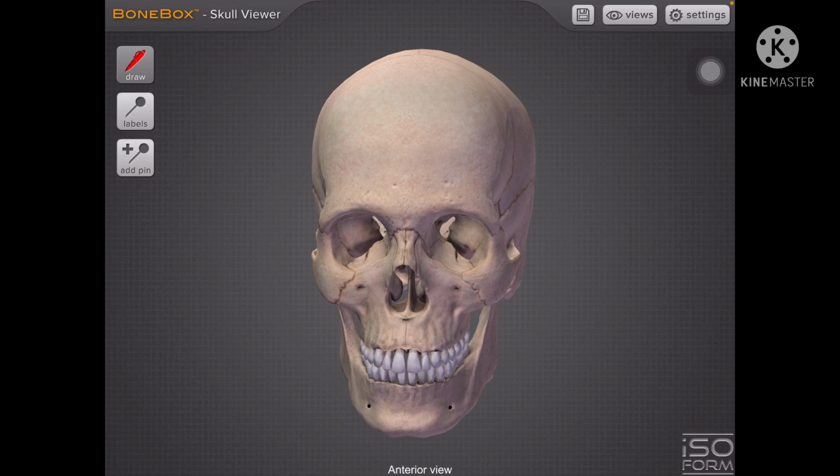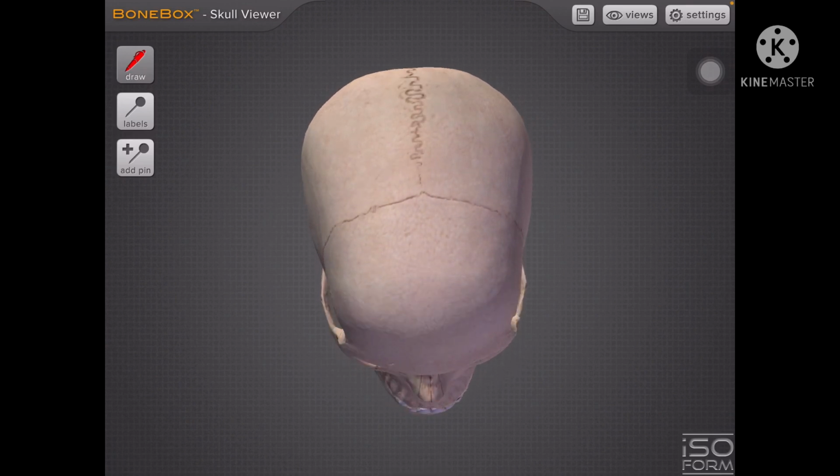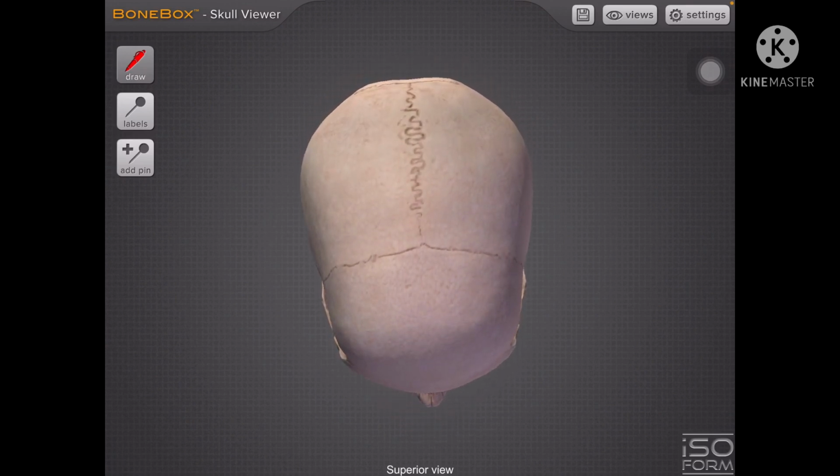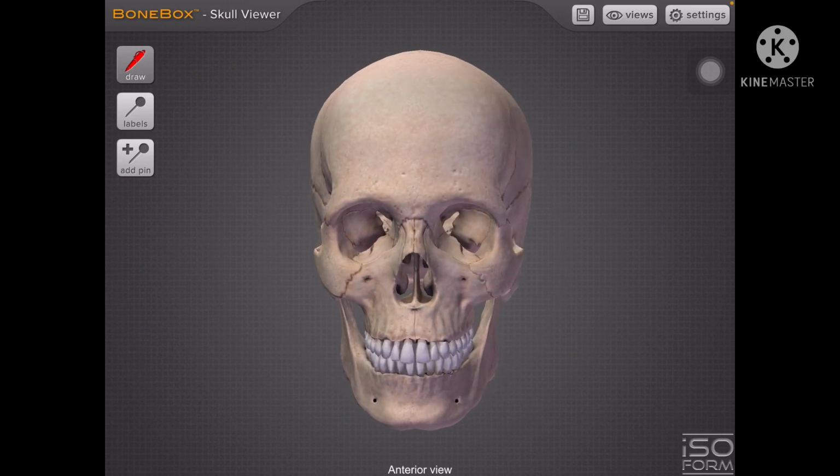Now we have learnt that the vertex is the highest point on the skull, and obelion is present between the two parietal foramens. And next, nasion. See here, you can see this is the internasal septum and here is your frontal bone.